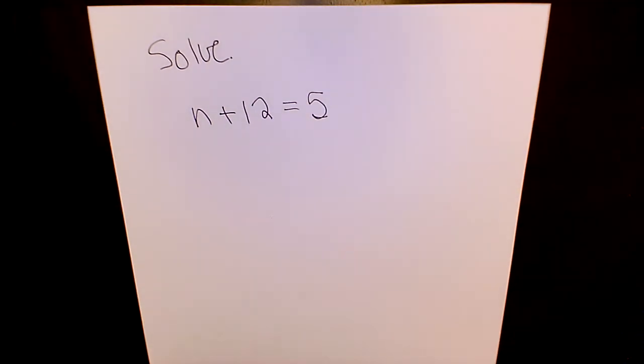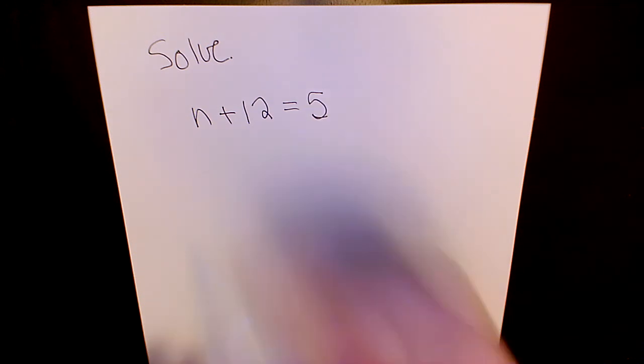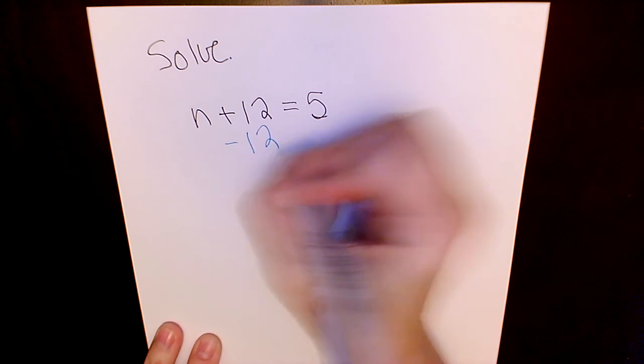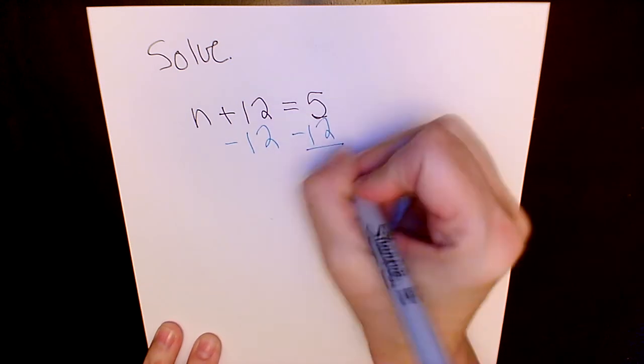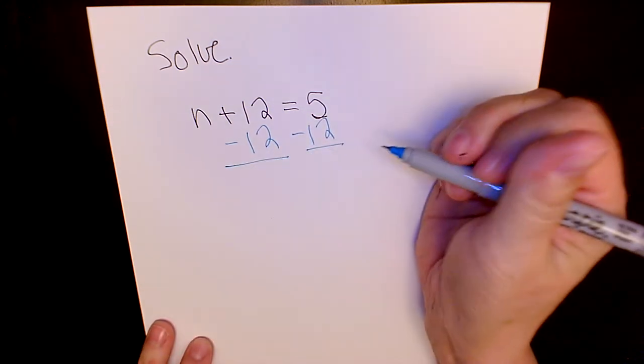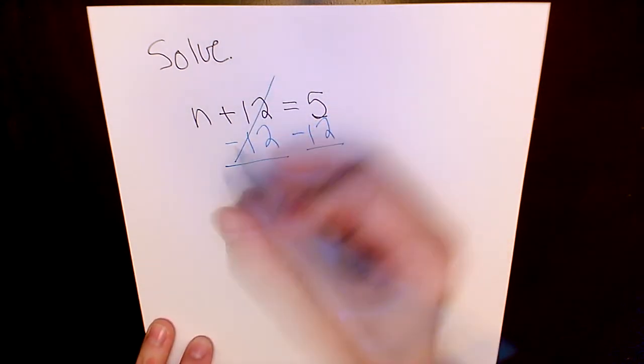So remember when we were solving before, we did the opposite. What is the opposite of adding 12? Minus 12. So I'm going to minus 12 from both sides. And 12 minus 12, this drops out.